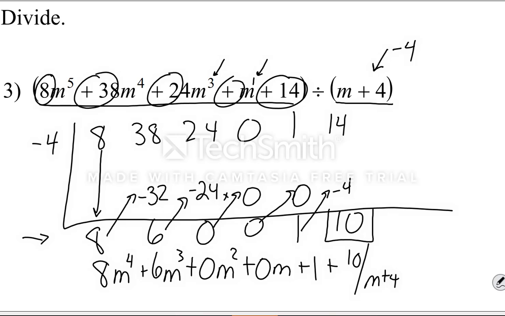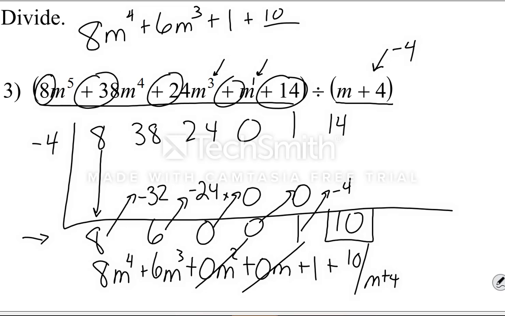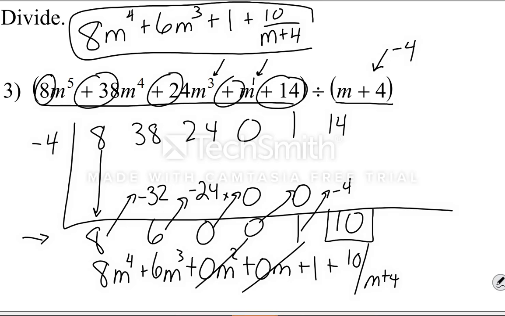Okay, but again I have zeros in there so I can cancel them out, and I rewrite my answer as 8m to the 4 plus 6m to the 3. My m squareds and m terms are gone, plus 1 plus my remainder, which is 10 over m plus 4. And that is your answer.